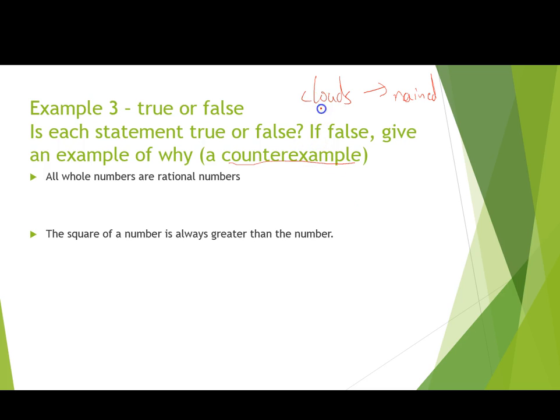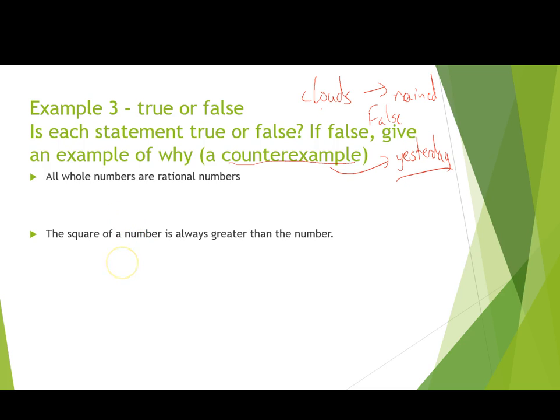So the statement is, if there are clouds, it will rain. You could say, as a counterexample, yesterday there were clouds in the sky and it did not rain. So that would be a counterexample, a specific example that proves my statement false.